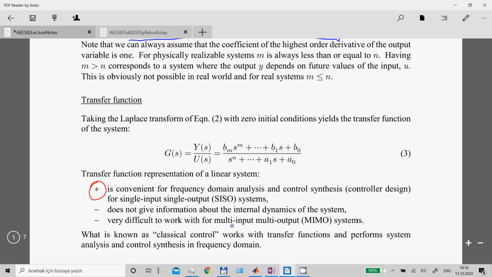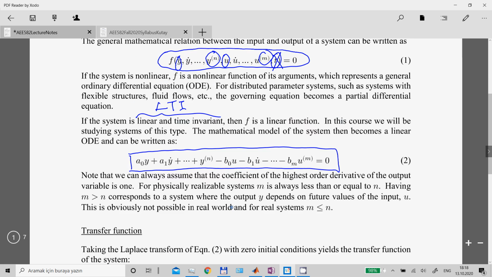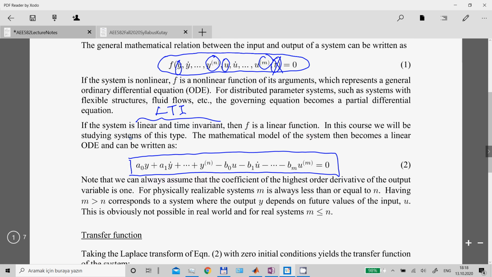Okay, so this is just one way of working with this linear time invariant system. The other one is to directly work in time domain. So instead of taking the Laplace transform, you use the equation in time domain, but you don't use the equation directly.